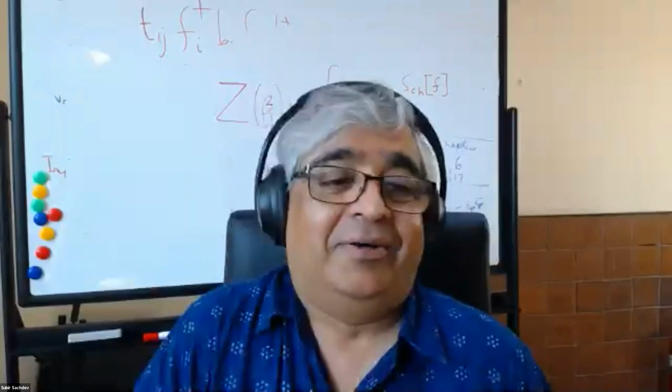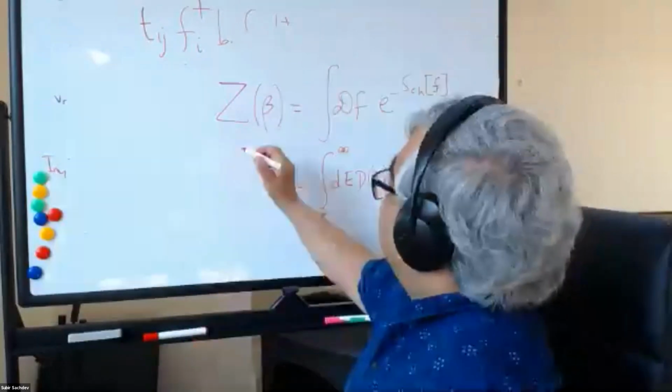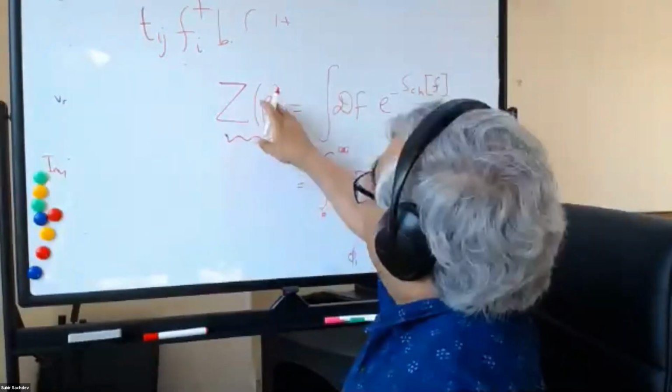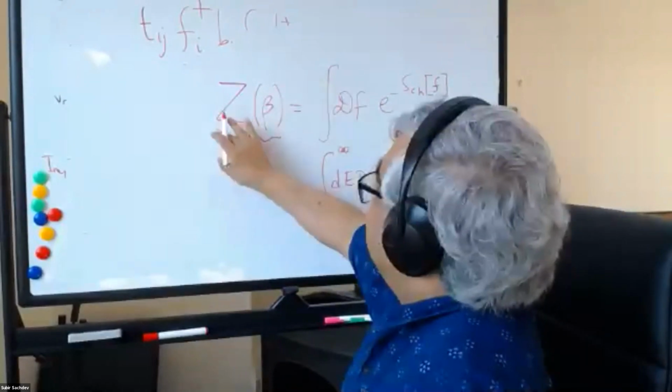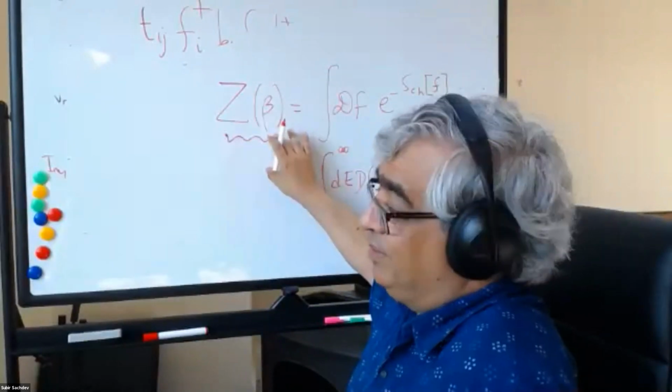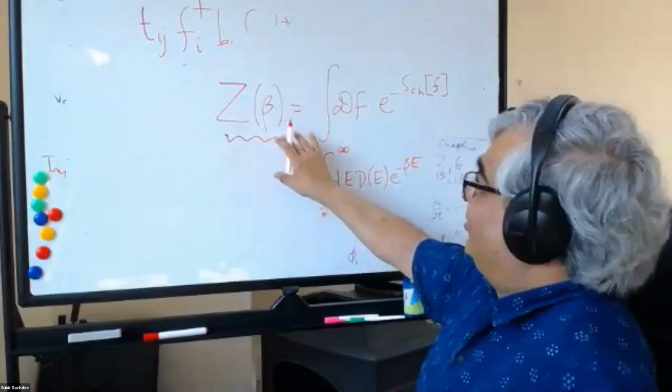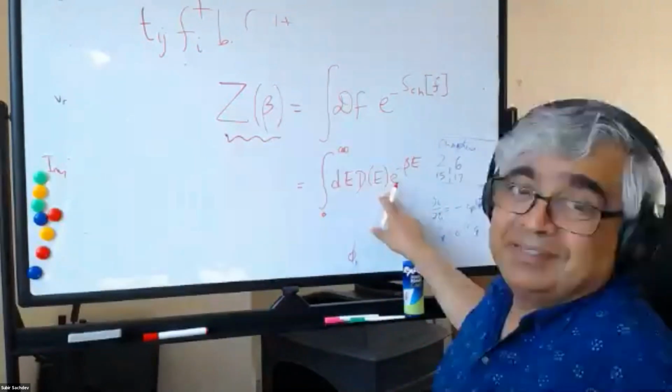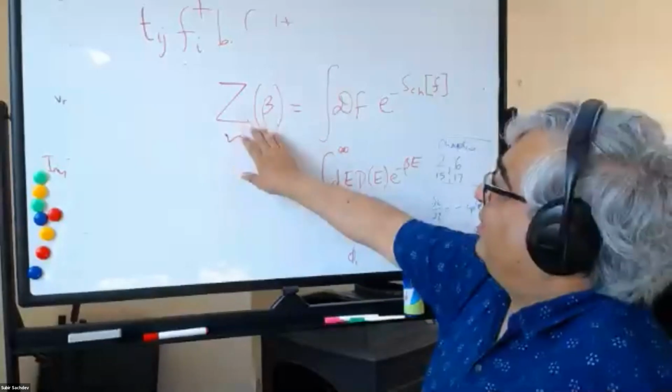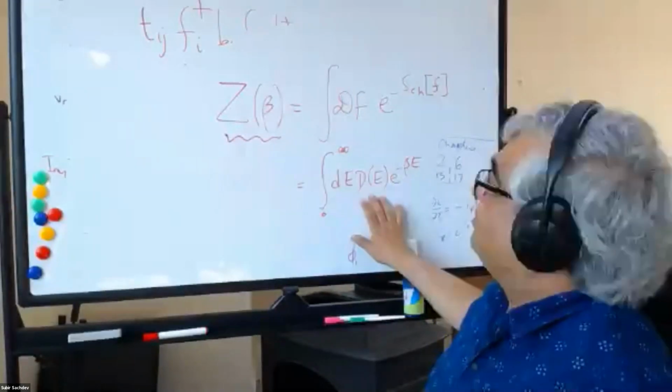Because if you have some expansion for this and you ignore the higher order terms, well, for Z of beta, the higher order terms are very small. But that doesn't mean the higher order terms will be very small for D of E. Something that's very small here could lead to a huge effect there.